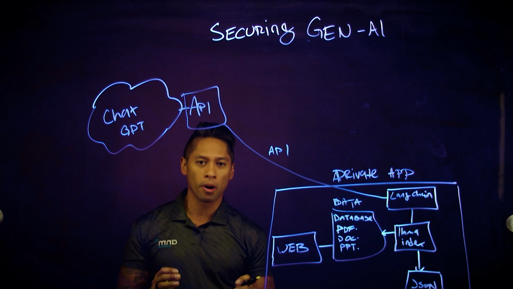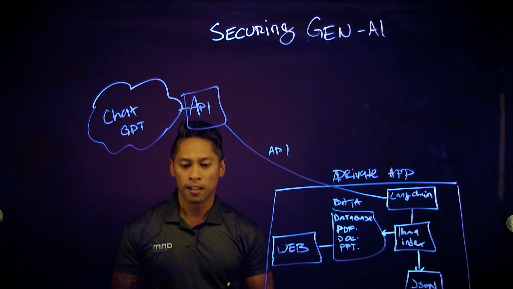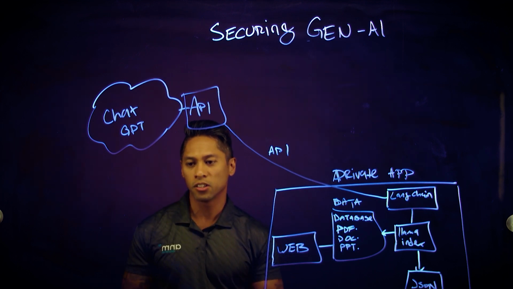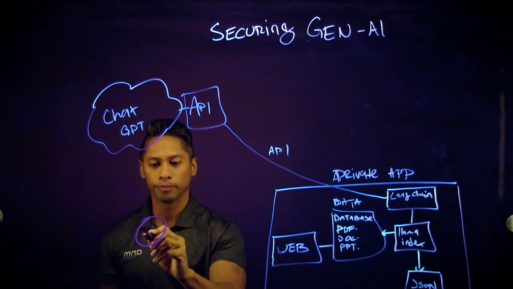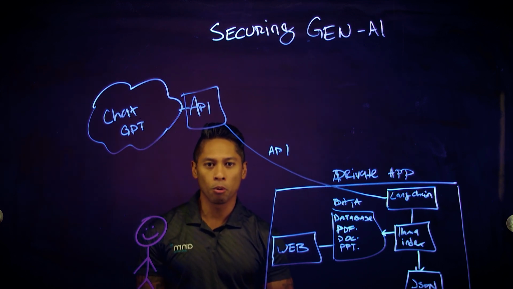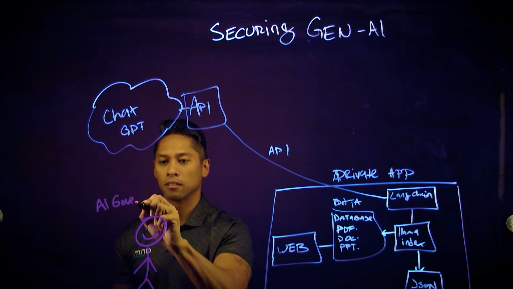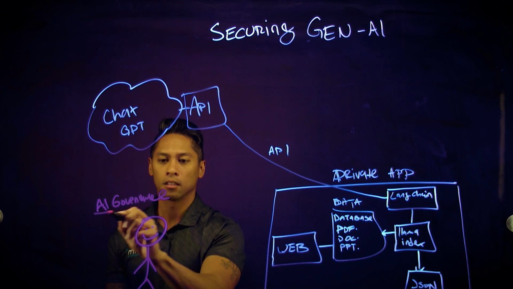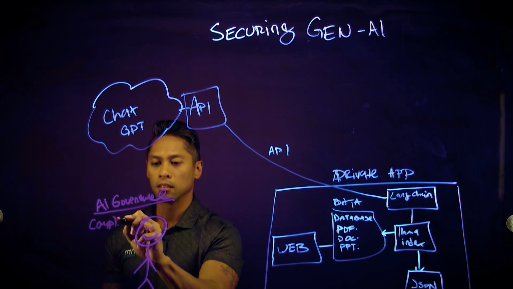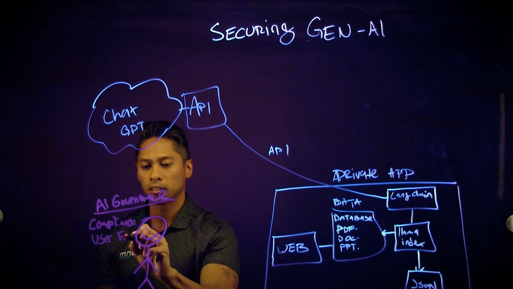Now, let's talk about what we can do to put some controls around some of these things. Now, the first thing we want to do, like most security conversations, is start off with the end user. Now, specifically, what we want to do is start off with AI governance. Now, that means compliance. That means user training.